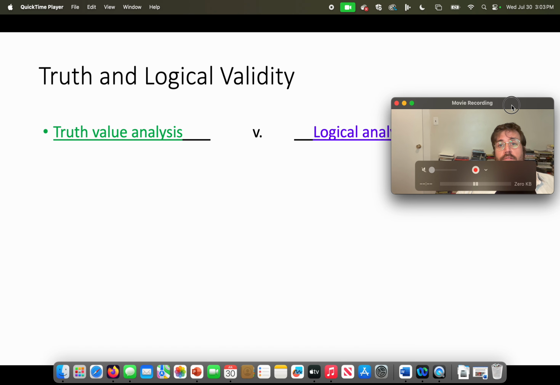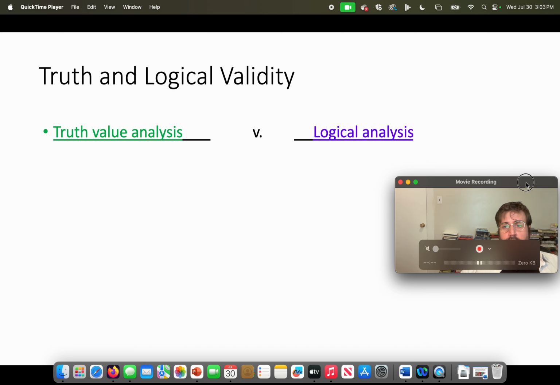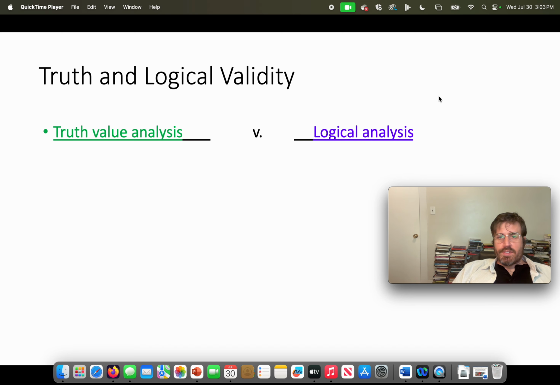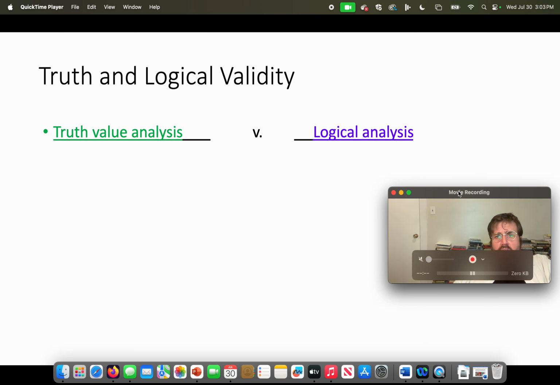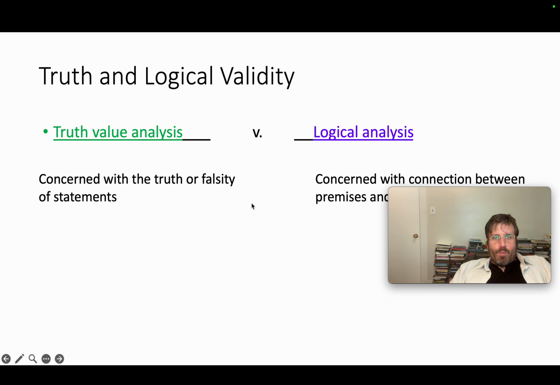Now, just to flesh out a little bit further the difference between truth value analysis on the one hand and logical analysis on the other, it's important to note some of the properties that pertain to one rather than the other. With truth value analysis, we are really interested in the truth or falsity of statements. We really do have to think about whether or not the information supplied by a given premise is true, factually.